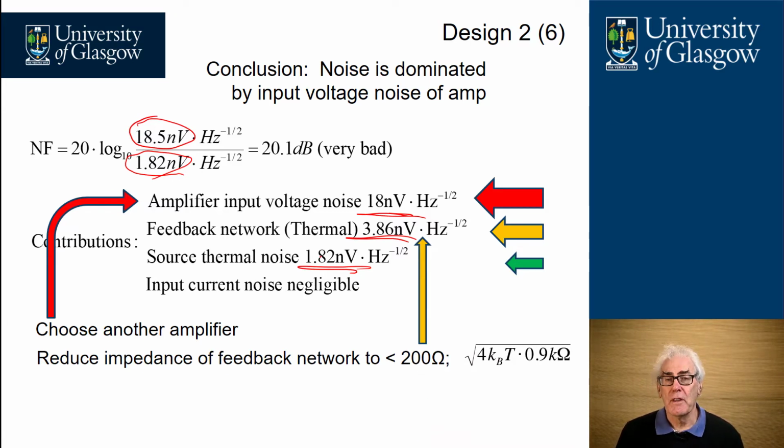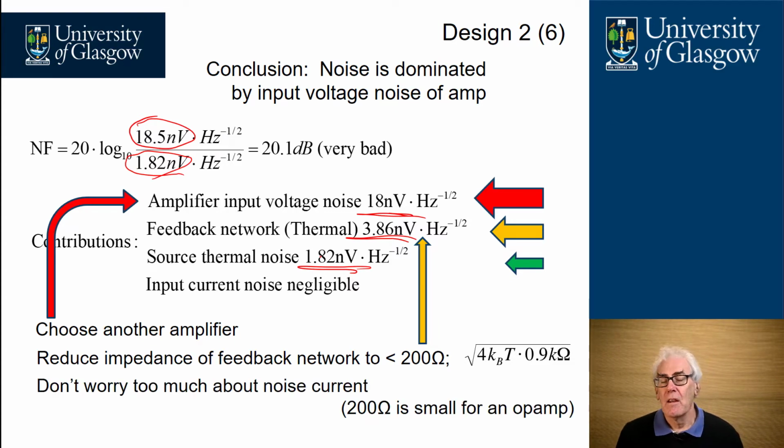And to look at the feedback network noise performance, we will look at reducing the effect and impact of the feedback network on the overall noise performance. Noise current, because it's only flowing into a 200 ohm resistance, a very low impedance, we can probably ignore that, but we'll still do the calculation nevertheless. Now let's do the analysis and find out what the numbers look like in improving this noise design overall.